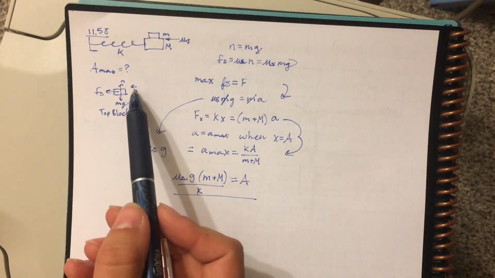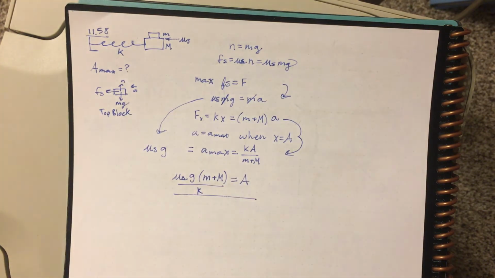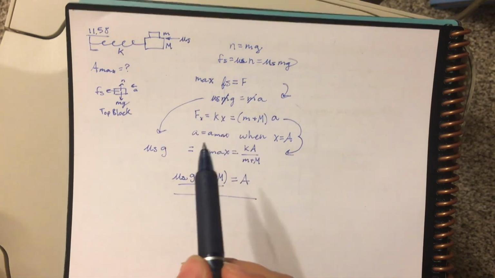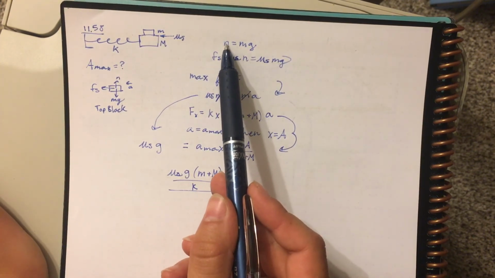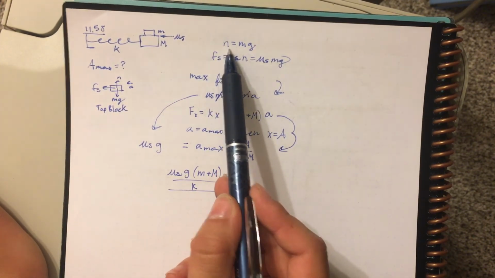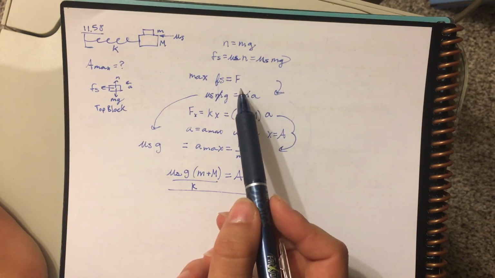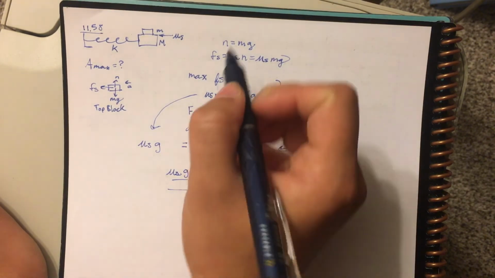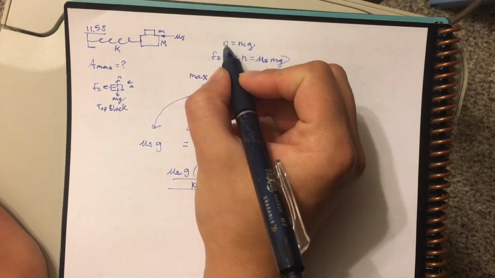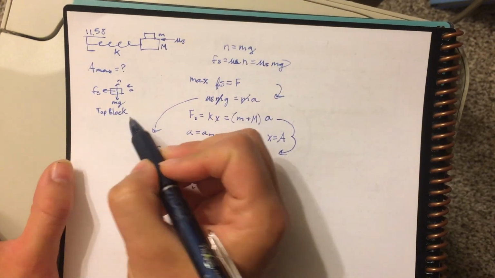And then you also have the acceleration going that way. And you've got the normal force. Normal force N is equal to mass times gravity, right?